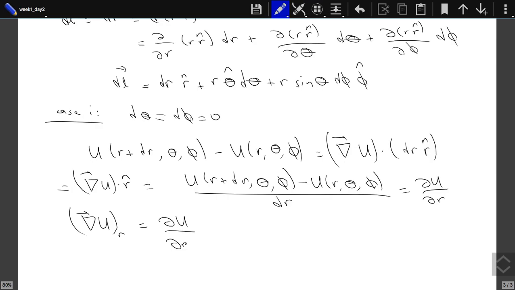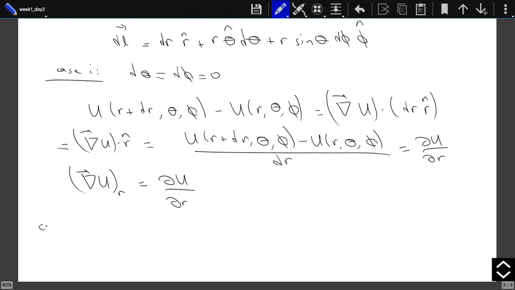Well, we can repeat the same thing, for which instead of, let's say, d theta equal to 0, I can just set dr equal to 0 and d theta is non-zero. d phi is equal to 0. dr is equal to 0. Here dr goes to 0.